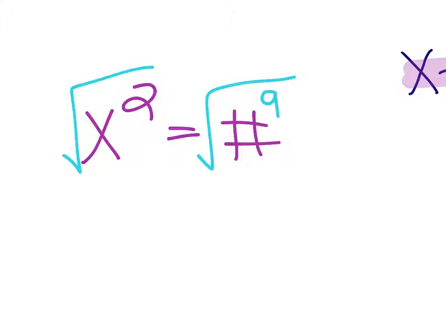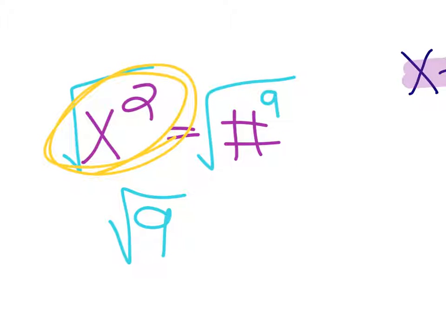So let's say this was 9. So to get 9, I can either square positive 3 or I can square negative 3, right? But if I am square rooting 9, the answer is just 3. So the only time I introduce the plus and minus is if I've got a variable raised to an even power and I go to solve it. Does that make sense? Okay, so anytime you're just square rooting, you want to make sure that it's just the positive version of that number.